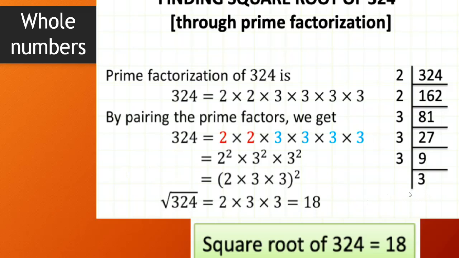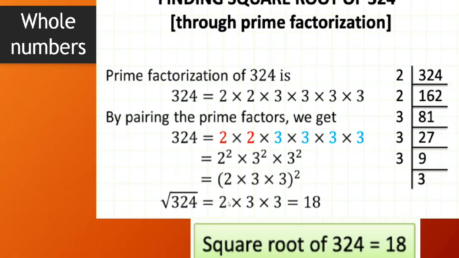After we have found the prime factorization, we are going to pair the prime factors. So we're going to pair 2 into 2 will be a single unit, just 2, 3 into 3 and 3 into 3. We're going to take the paired numbers 2, 3 and 3. After we have taken the paired prime factors, we are going to multiply them. 2 into 3 into 3.